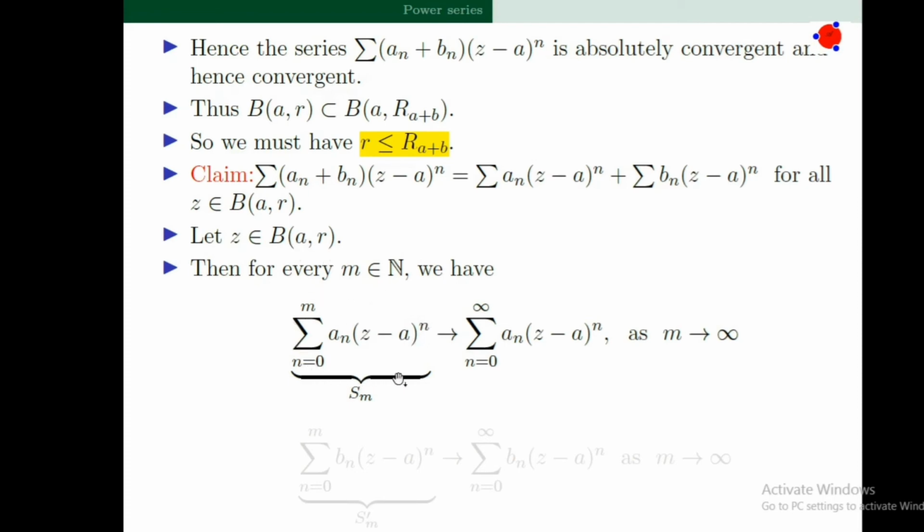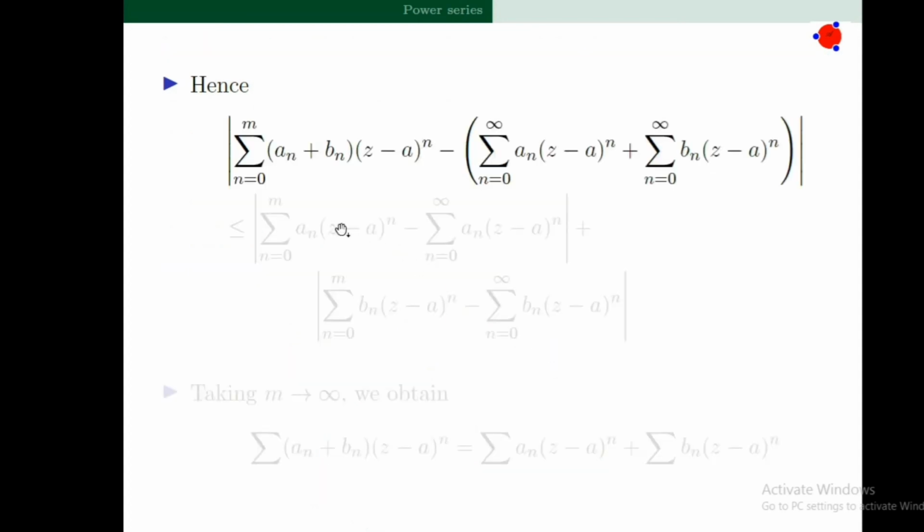That means the series is convergent, which means the sequence of partial sums converges to this sum. Similarly, the sequence of partial sums of the second series, that is the series sigma bn into (z minus a) the whole raised to n, also converges to this sum. Now consider this difference, and this is the (m plus 1)th partial sum of the series sigma (an plus bn) into (z minus a) the whole raised to n.